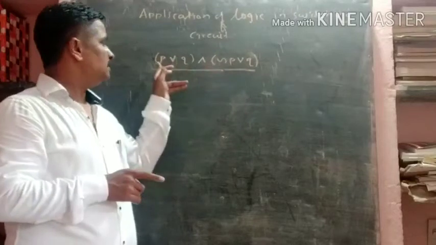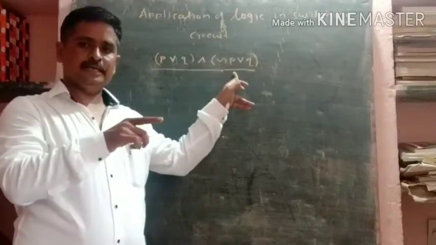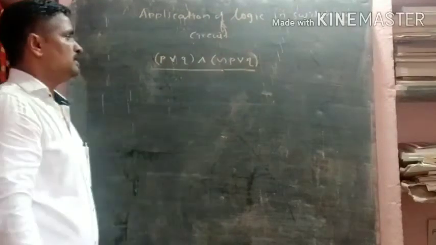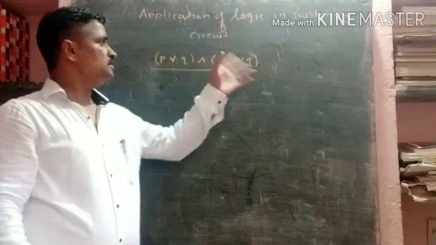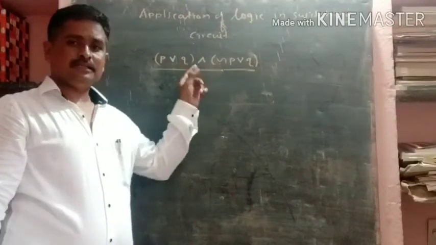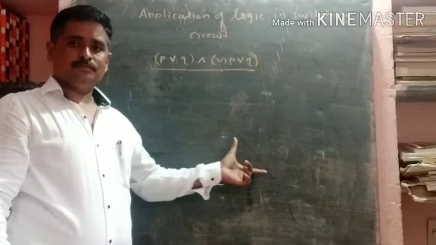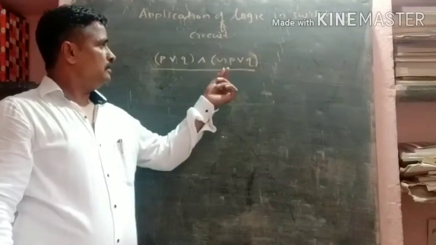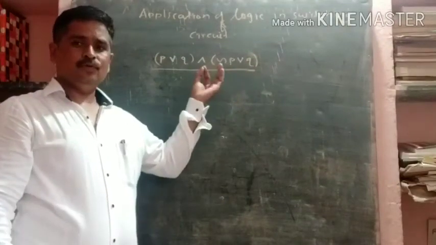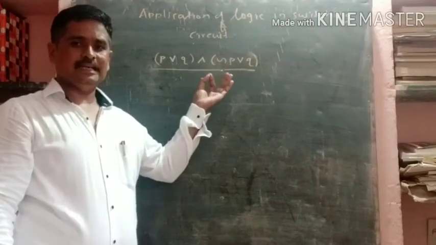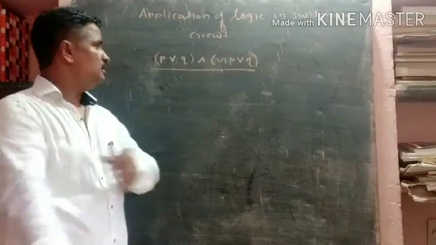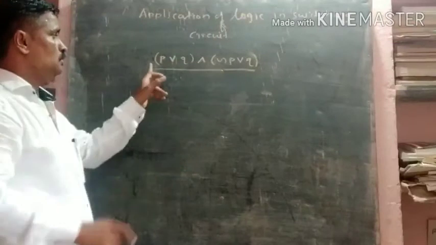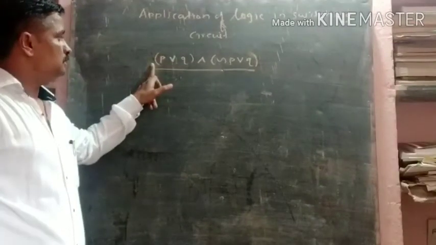We have considered P as S1 and negation of P as S1 dash. For this purpose, we construct a switching table. It is similar to the construction of a truth table, where we only replace T and F with 1 and 0.